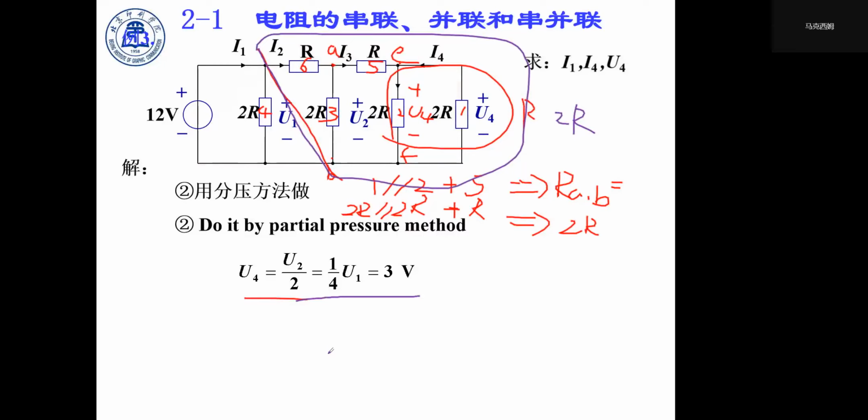Still, both methods require us to do this transformation of the network of resistance. We try to simplify it by using the parallel to series to parallel calculation of the resistors.